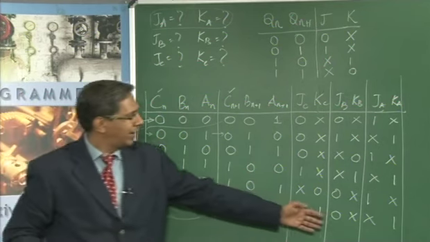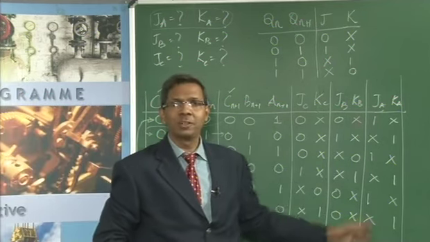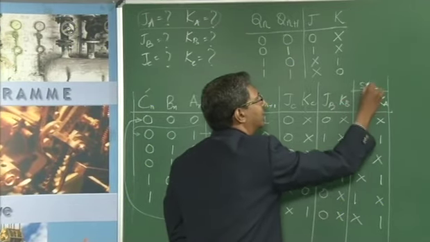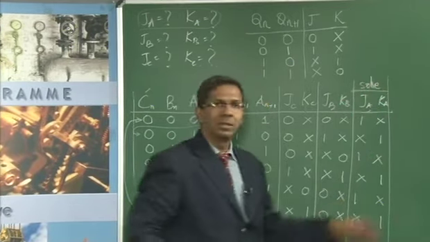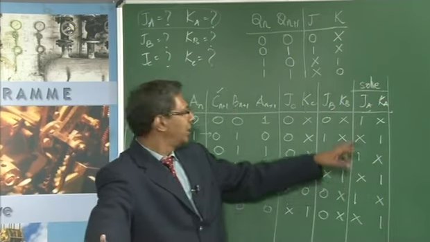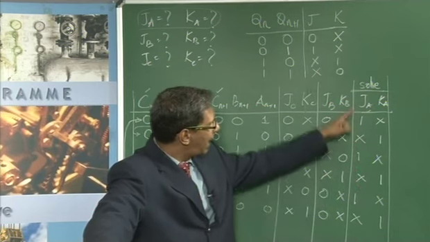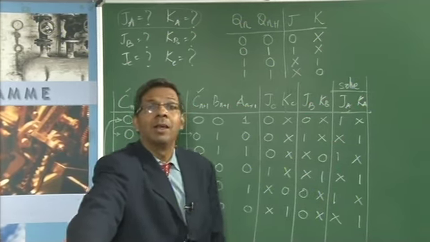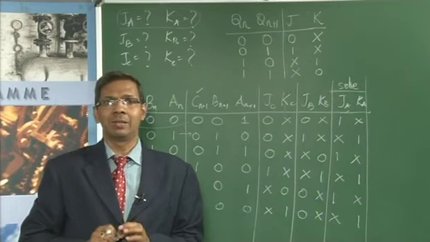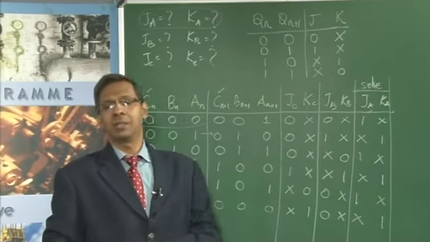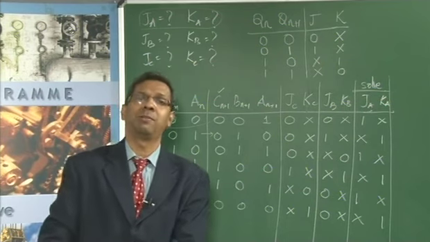Now if you look at this column for JA and KA, I have to solve for this. Just by mere observation we can figure out the entire JA, it is either 1 or x. The beauty of this x is I can interpret it as either 1 or 0 based on my convenience.